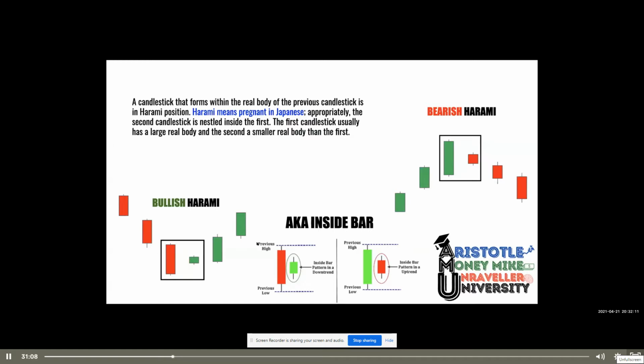Now, granted, I personally do not trust these often, but they do work at supports and resistances, right? They do work in that way, but I'm just not fond of them, because they're not as high probability as an engulfing or a pin bar, which I can swing blindly. You know what I'm saying? Be confident. With these, not so much.